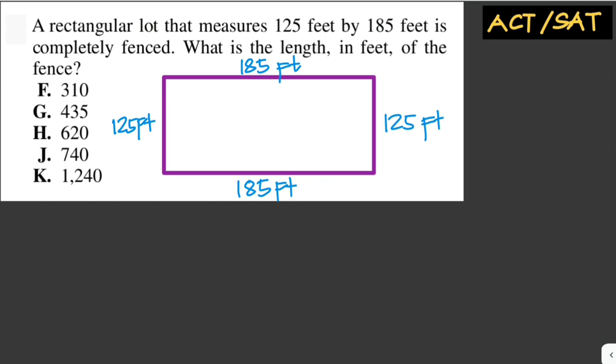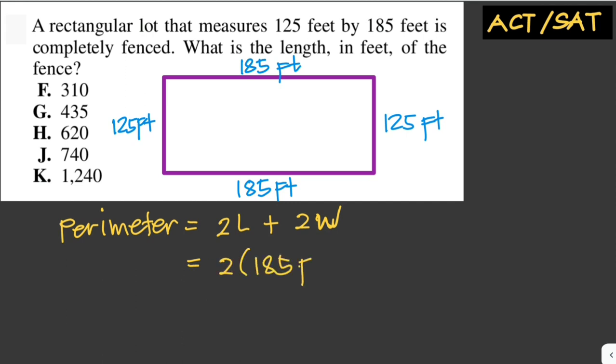Now to find the length of the fence, we just have to add up everything, or we can use the formula of the perimeter, which is just equal to 2 times the length plus 2 times the width. So that is 2 times 185 feet plus 2 times 125 feet.